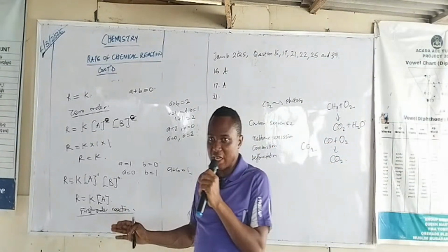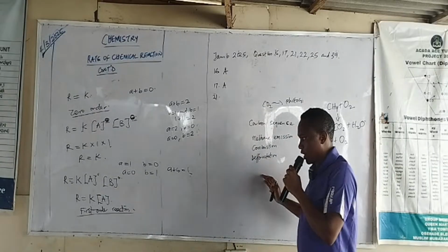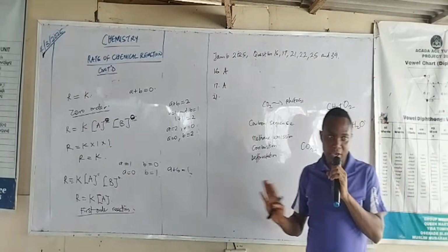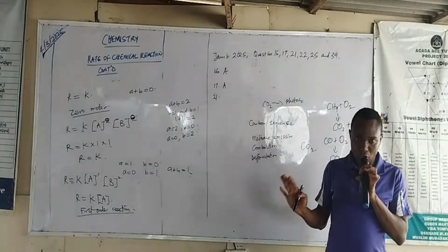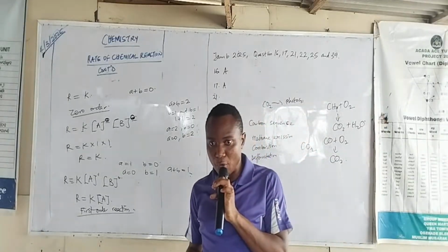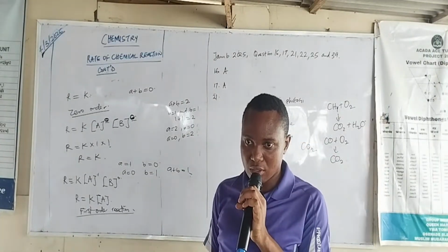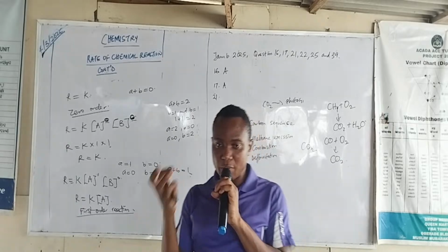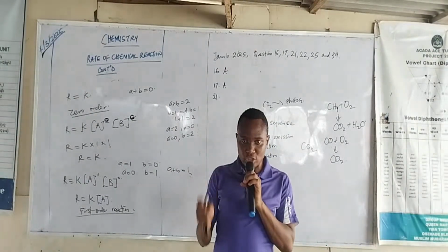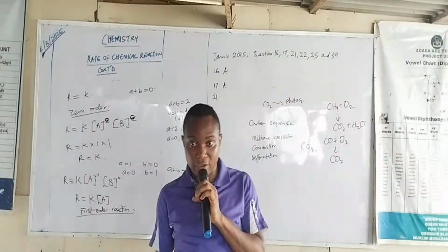One of these things that doesn't affect the chemical equilibrium system is catalyst. It doesn't affect the equilibrium constant. Do you get me now? But temperature does that, pressure does that, concentration does that.